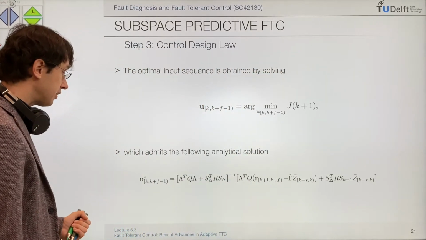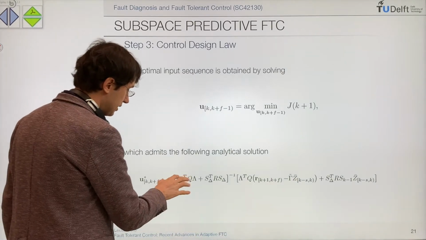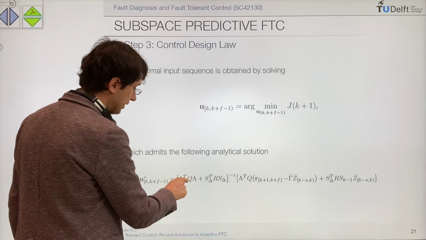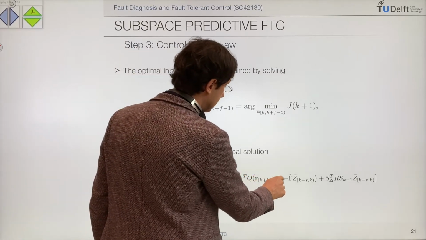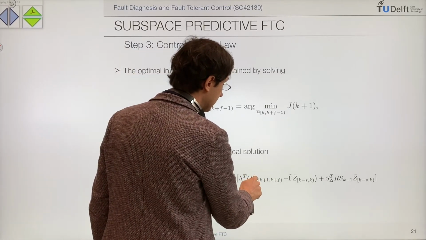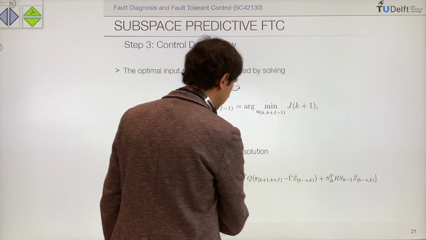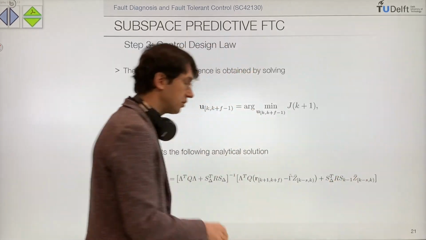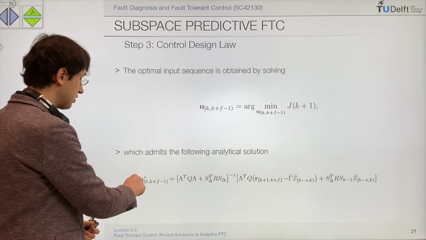And you see that here you have only terms that you know. So you have terms including the weighting matrices, the structural auxiliary matrices, the sequence of references that we know, and the data in the past that we know. So everything here is known. So you can explicitly, directly compute this U star.